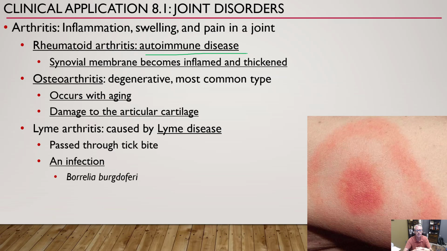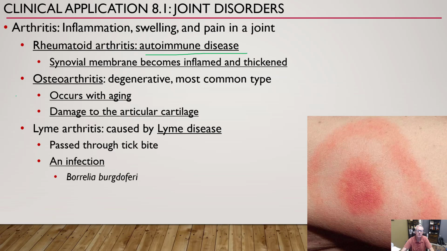In this case, the body thinks that the synovial membrane is a foreign object, and the body's attacking that synovial membrane. And in this case, the synovial membrane becomes inflamed and becomes thickened. And we would treat this with steroids and immunosuppressants to try and decrease the body's immune system so that the body stops attacking itself.